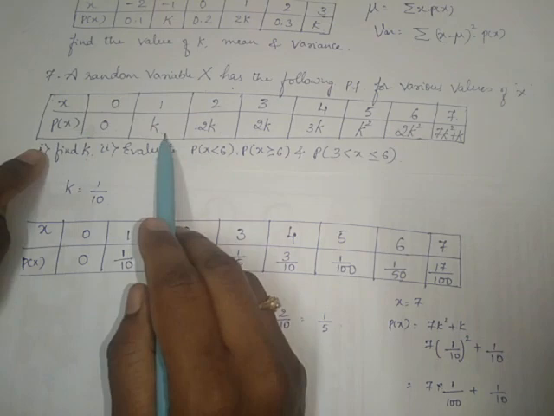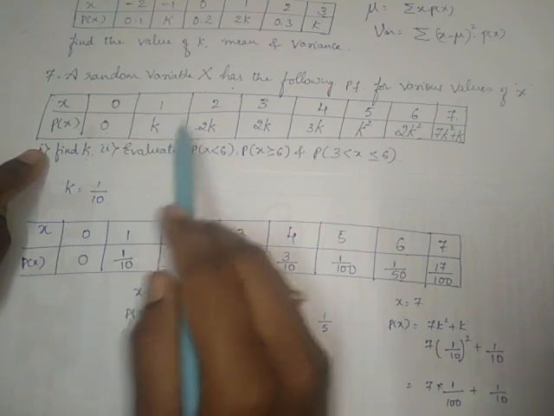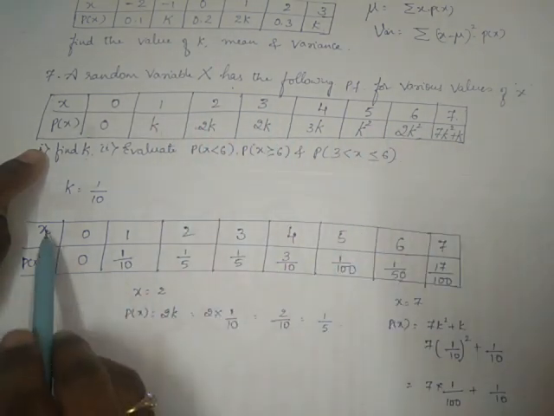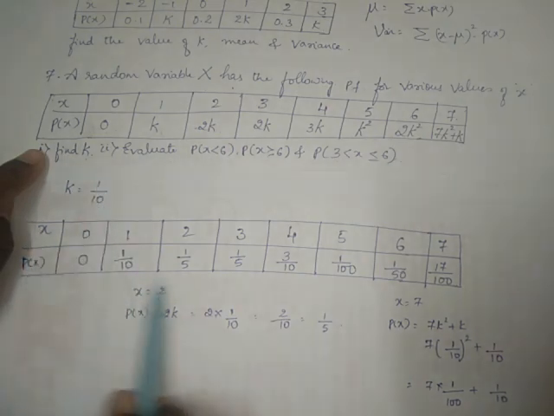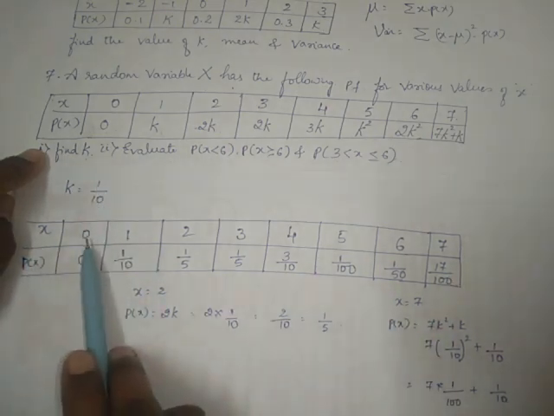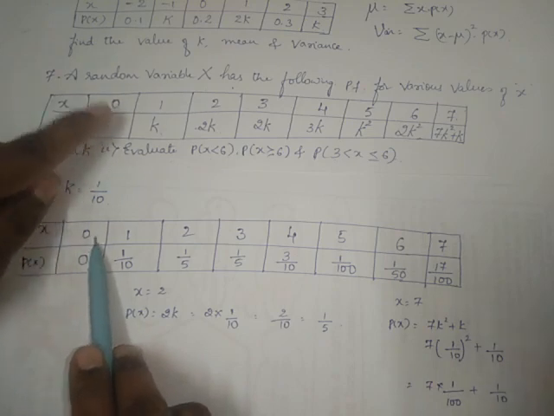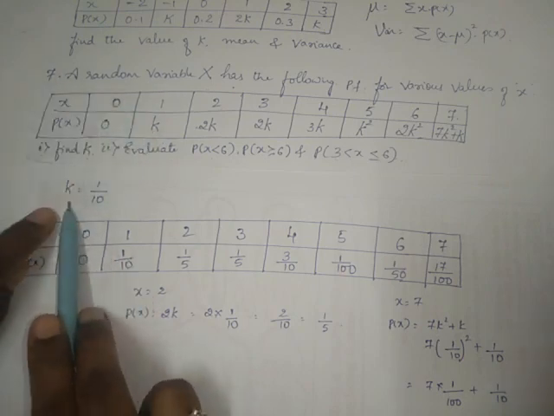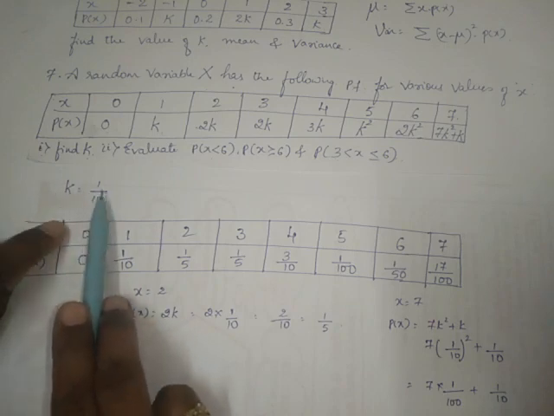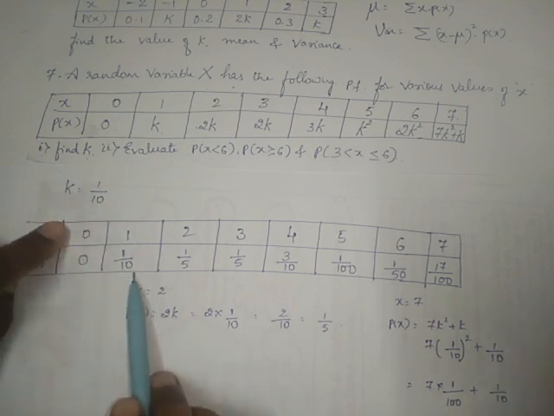For x is equal to 1, p of x was k, like that, right? So by substituting the value of k is equal to 1 by 10, I have completed this table. X is 0, p of x is 0. When x is 1, p of x is k. What is the k value? K value is 1 by 10. So I have substituted here.